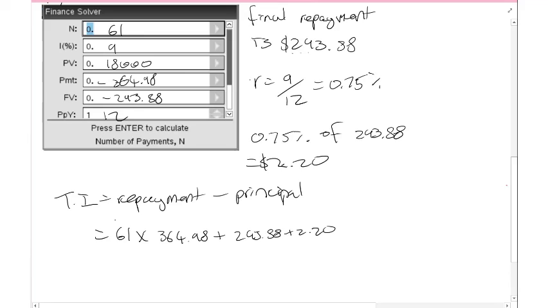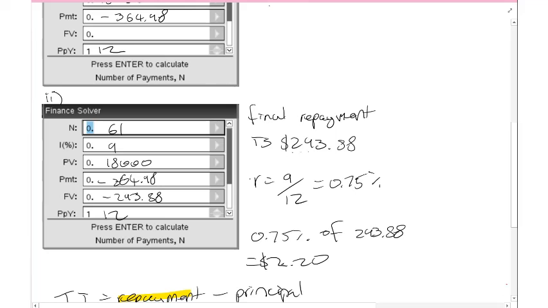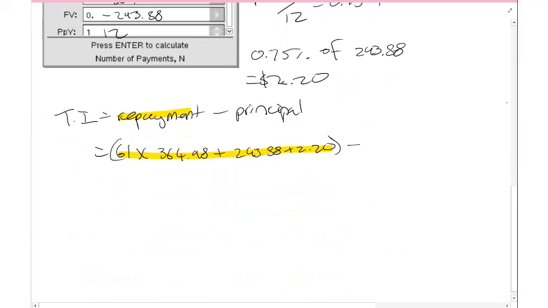Okay, so that's my repayment part. Subtract the principal. What was the principal? The principal was, that's right, 18,000. That will give you $4,586.